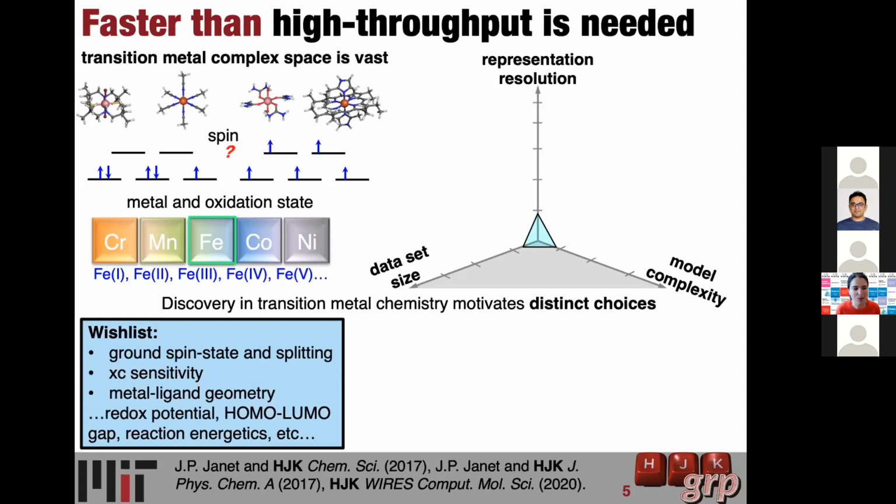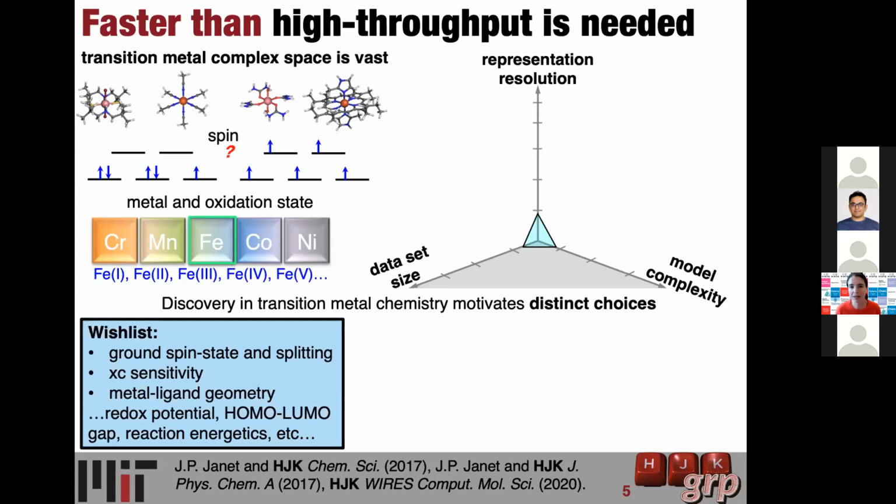But because I know we're going to be using DFT training data and I don't really trust DFT at all, I also want you to predict how sensitive the result is to the exchange correlation functional we used. And then I don't want you to use any geometric information, but I want you to be able to predict the metal ligand geometry for me so that we can put that into our molSimplify code. And the spoiler alert is that all of this worked, and we then generalized it to things like redox potential, HOMO-LUMO gap, catalyst reaction energetics, and so on.